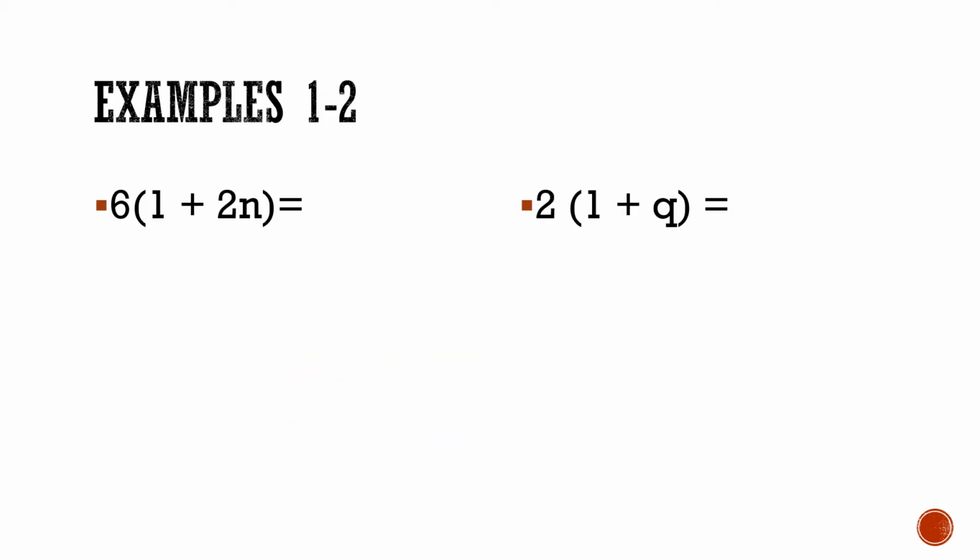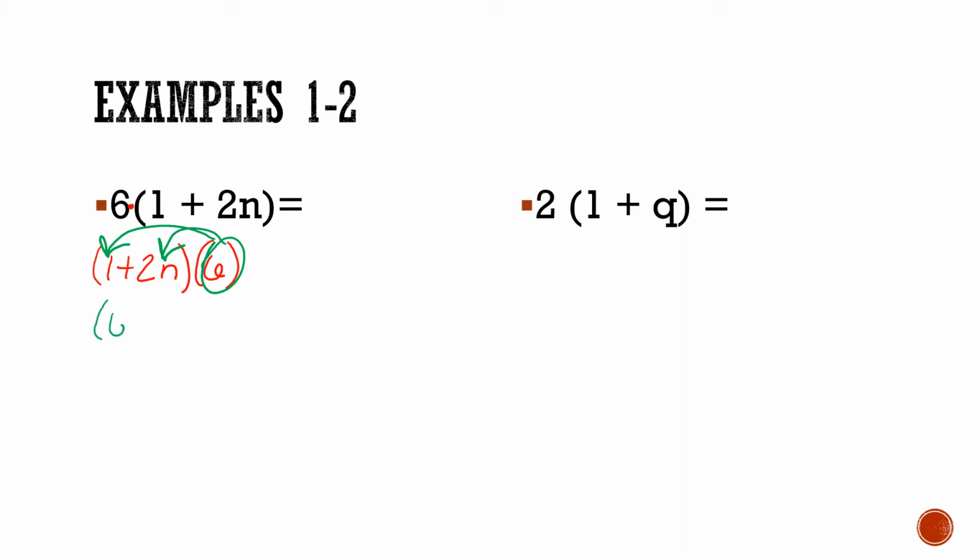Okay, so let's look at some examples. You may see the 6 written here on the front. Just remember that is an imaginary multiply right here. So again, you may see it written as (1 plus 2n) with the 6 back here on the back, maybe in parentheses, but that's still the same thing. We still take that number and we distribute it to each number inside parentheses.